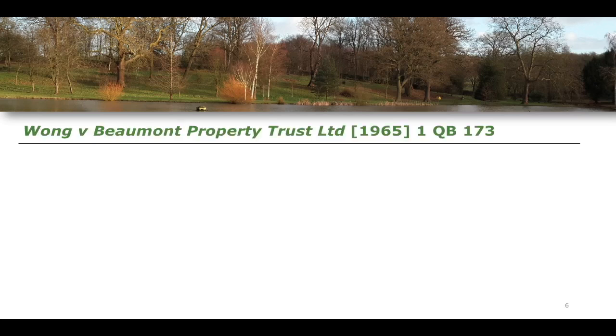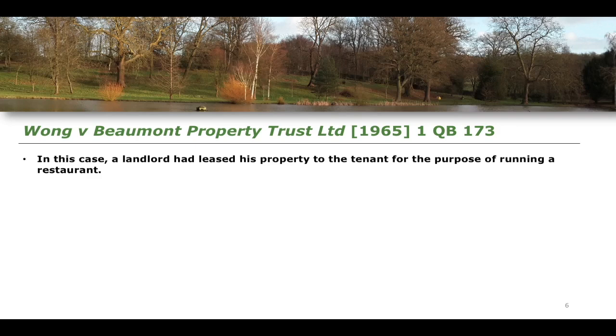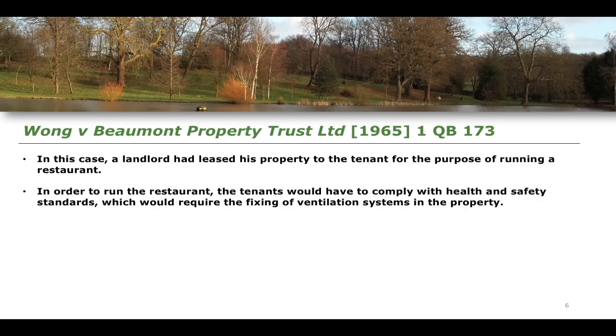And I want to draw your attention to the 1965 case of Wong and Beaumont Property Trust Limited. This was a case in which a landlord had leased his property to the tenant for the purposes of running a restaurant. So there is a specific purpose for this property. It is the property of a restaurant business.